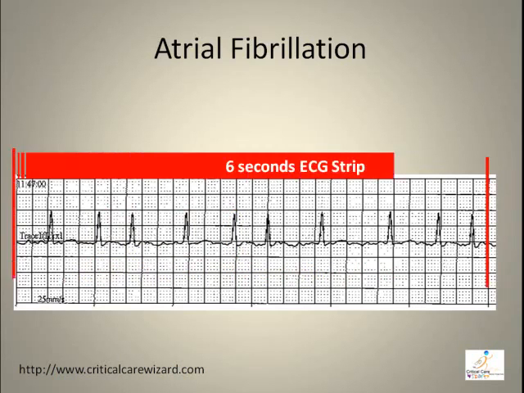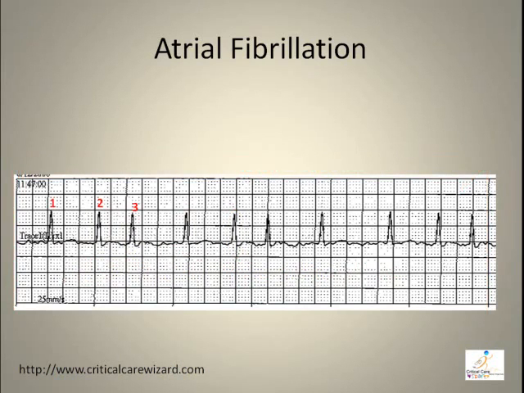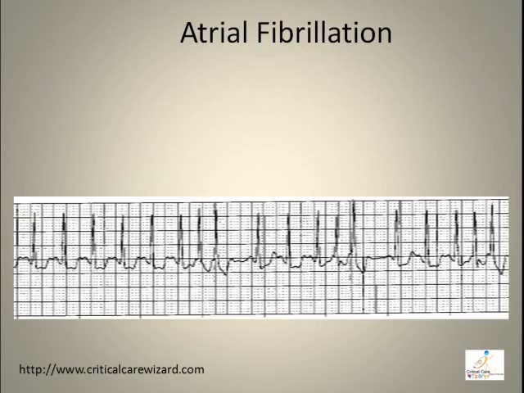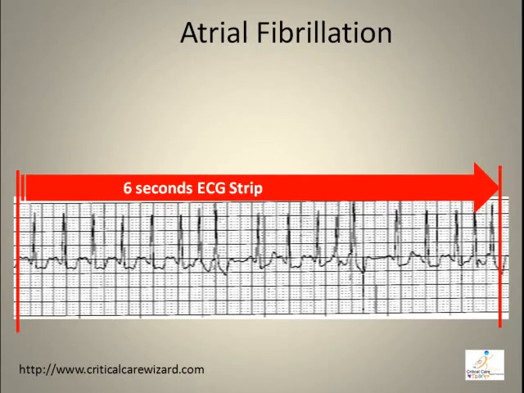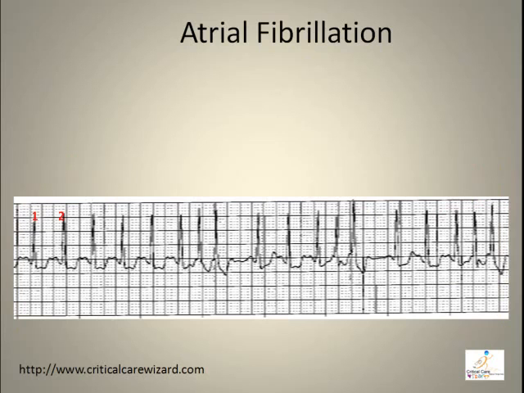Atrial fibrillation with controlled rate is between 60 to 100 beats per minute. AFib with uncontrolled rate is more than 100 beats per minute. This rhythm is also called atrial fibrillation with rapid ventricular response.